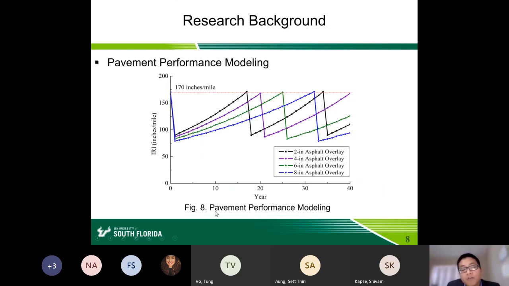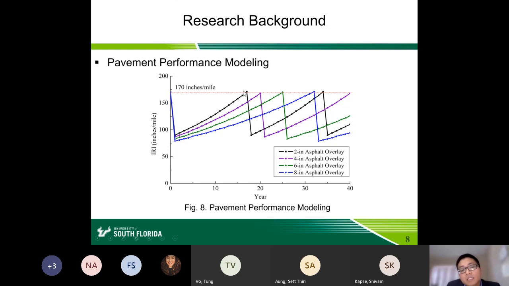As we can see in figure 8, this is the general post-overlay pavement performance model that I developed in the study. First, the roughness decreases since the pavement was rehabilitated, and then it increases.